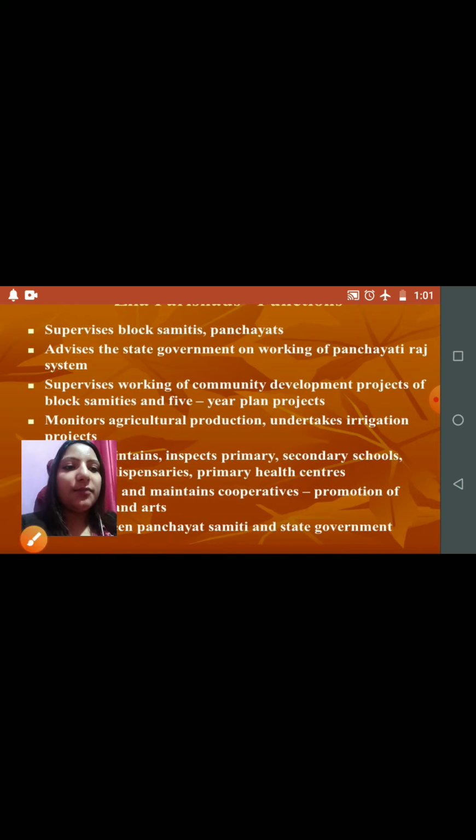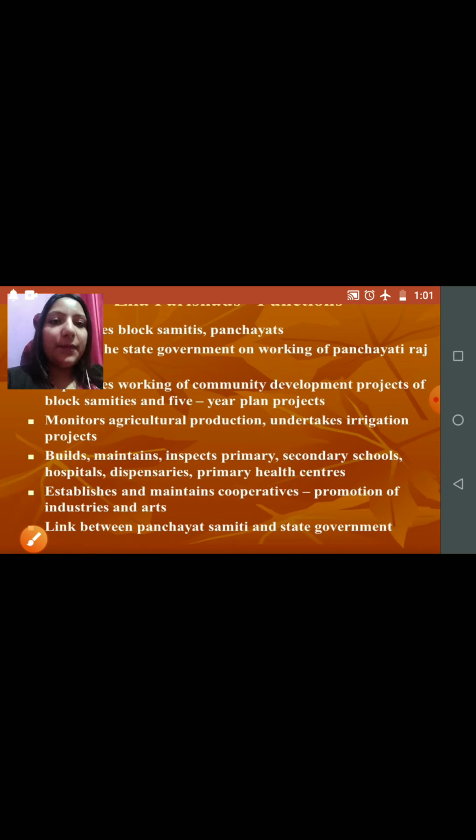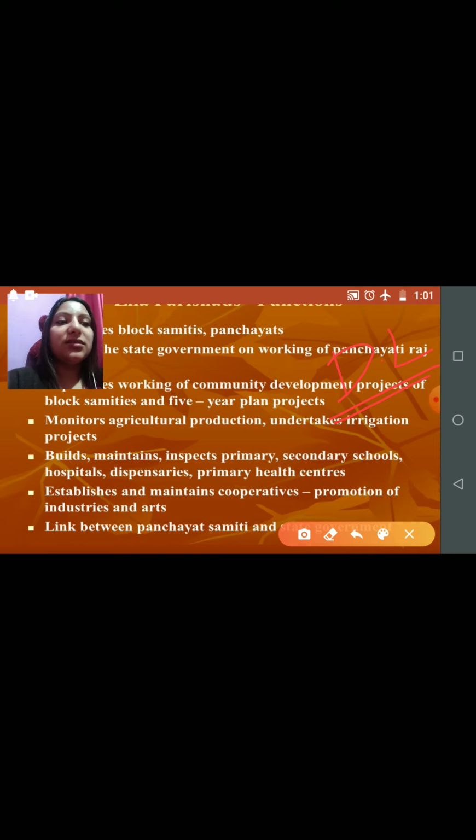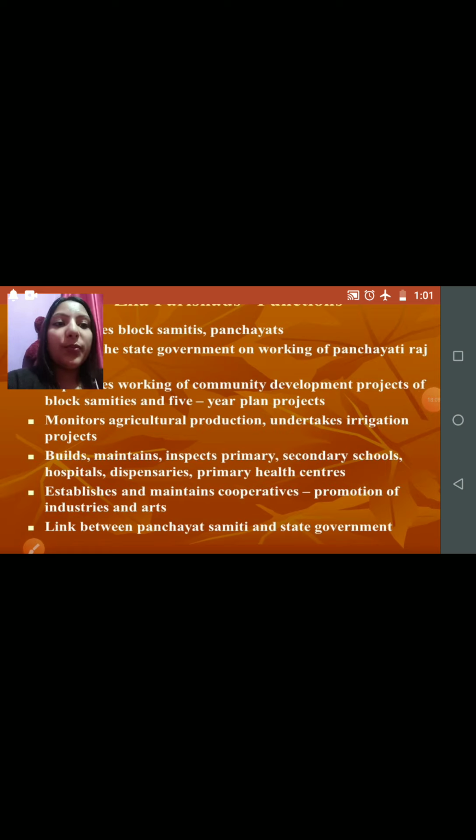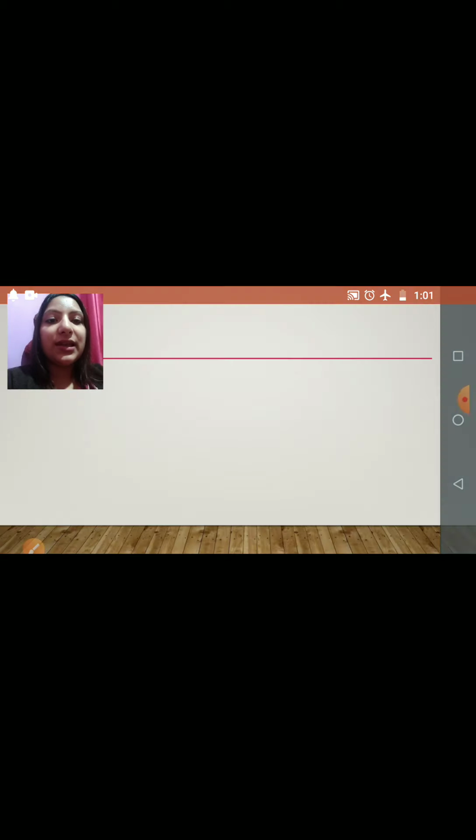This is another important function. They also build, maintain and inspect primary and secondary schools, as well as hospitals, dispensaries and primary health centers at your district level. Jilla Parishad means your district level, you have to understand. Then it establishes and maintains cooperatives, and promotes industries and the arts at the district level.